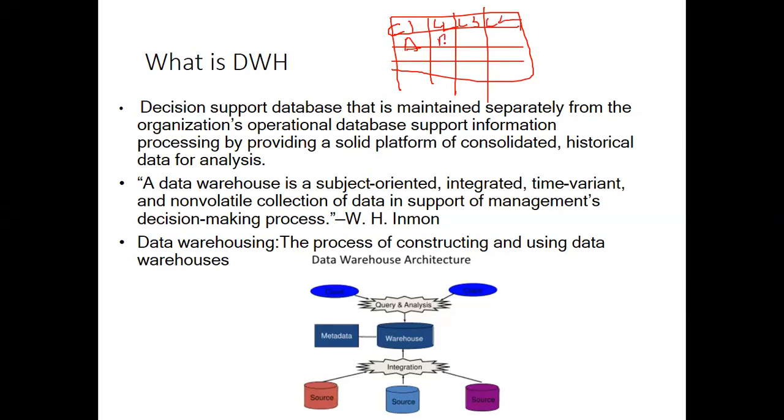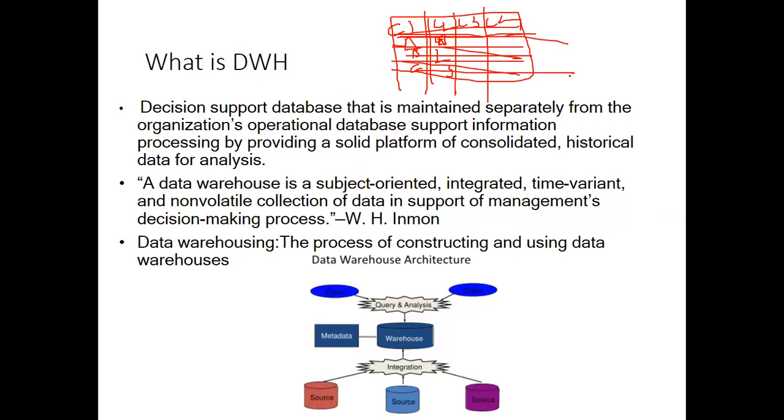Then A, B, C, and phone numbers 1, 2, 3. These are the columns, and these are the rows. So it's a two-dimensional format, right? Basically, the data gets stored in the database in the two-dimensional format.